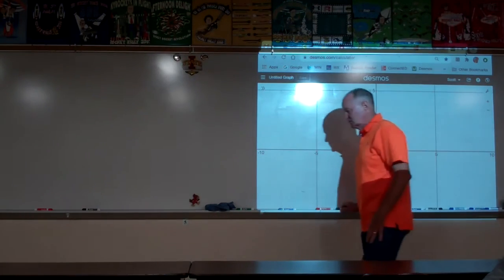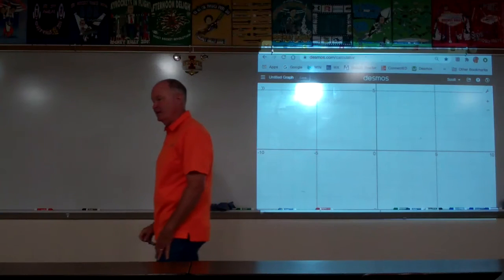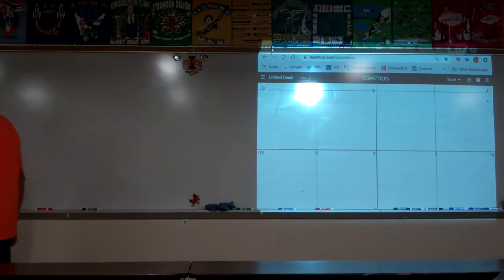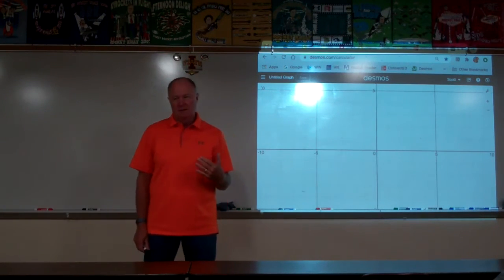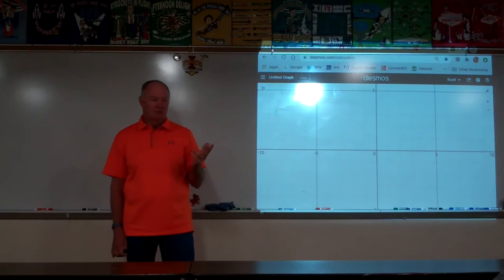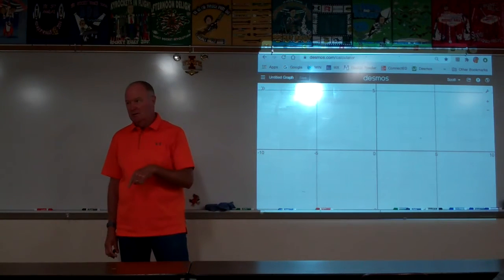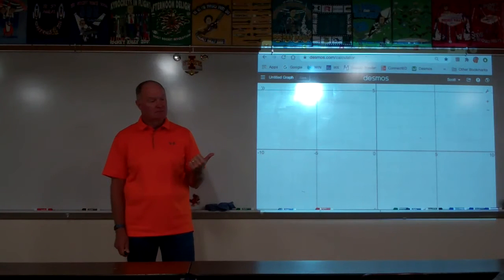So today, we are going to graph parabolas. We are going to do them two different ways. No matter what, you're going to have to be able to graph one using each one of these methods. Okay.